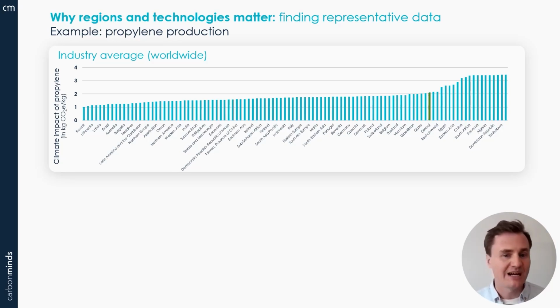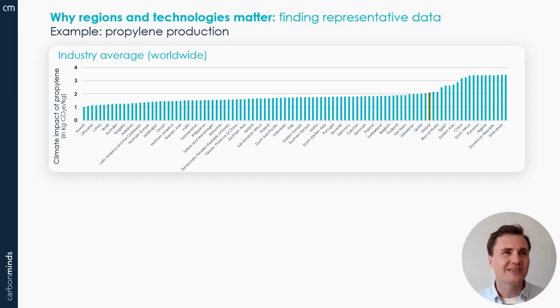So if you buy from one of the least emission intensive countries, you might be overestimating your impact by 100%. And it's the same if you buy from an emission intensive country, the global average will be far too low.